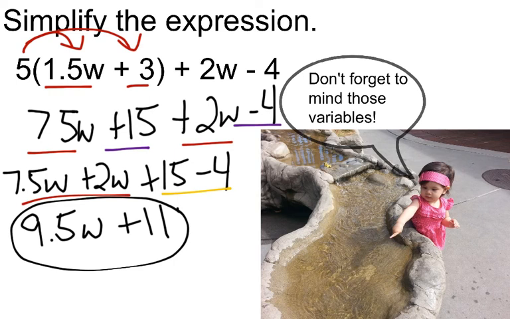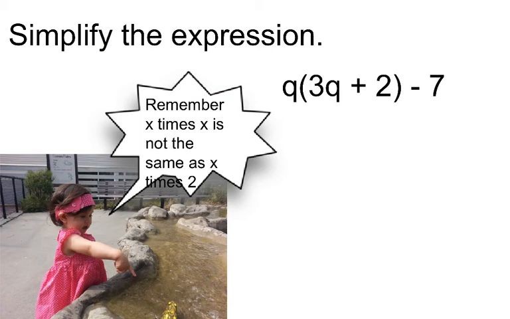Now let's look at another example. Let's simplify Q times 3Q plus 2 minus 7. Now in this case, I'm multiplying Q times 3Q. Now, if I was multiplying a box of cookies times a box of cookies, that would not be adding one more box.